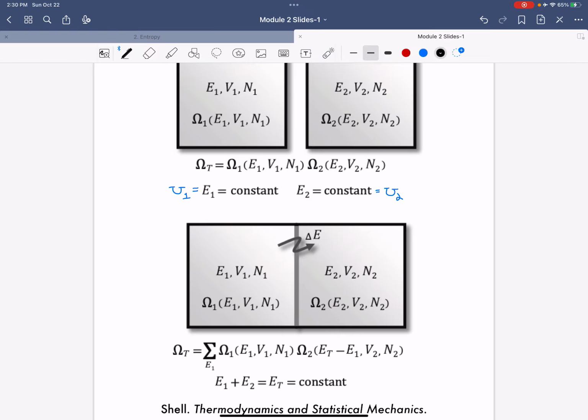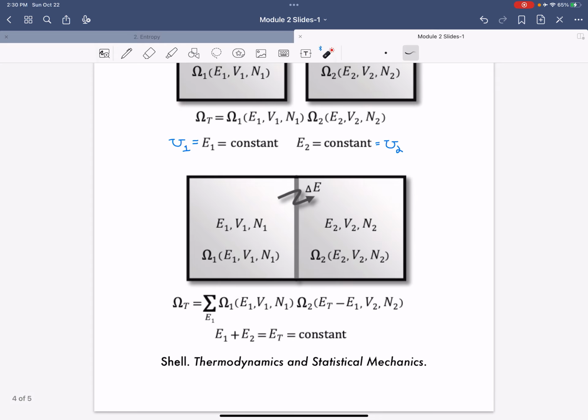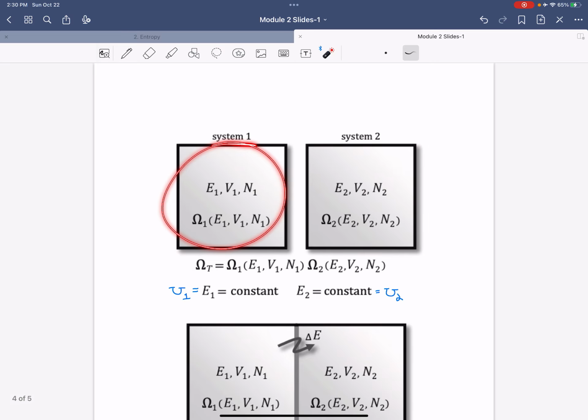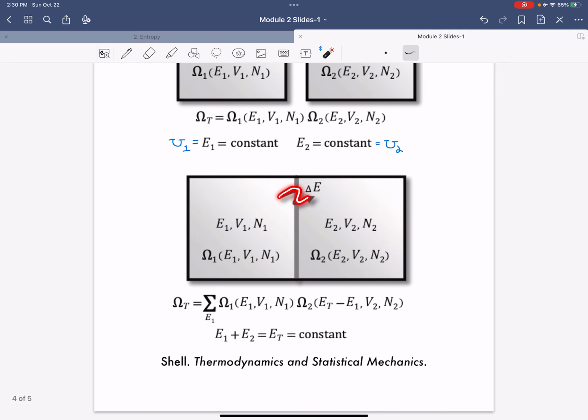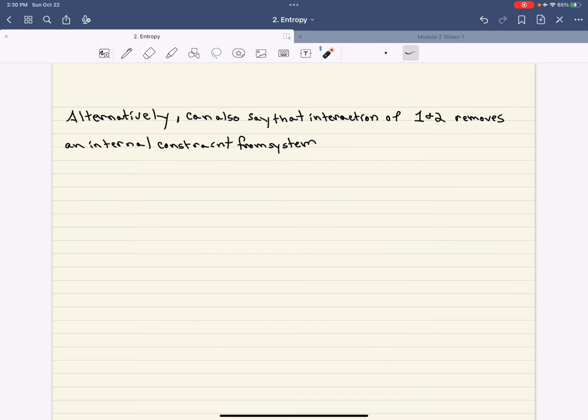So if we go back to this sort of picture, when the two subsystems were isolated, their energies were basically constant. But here, when we put them together, that allows the energy of subsystem 1 and the energy of subsystem 2 to actually continuously fluctuate back and forth. Right? So that allows the energy to change over some range of values.